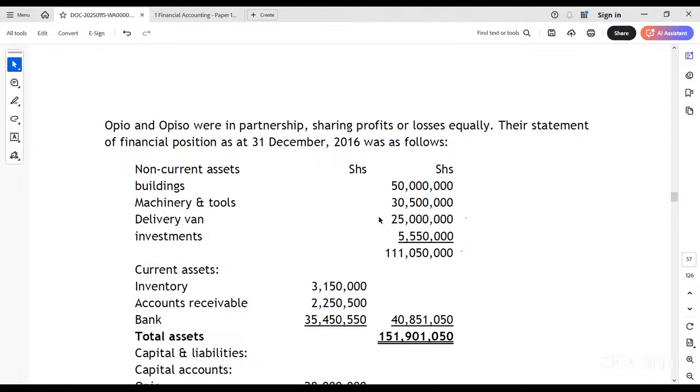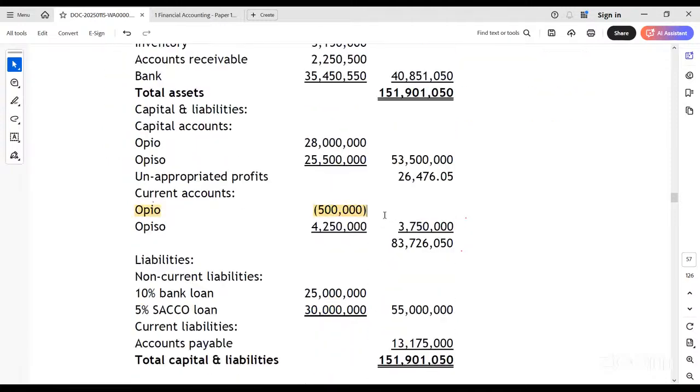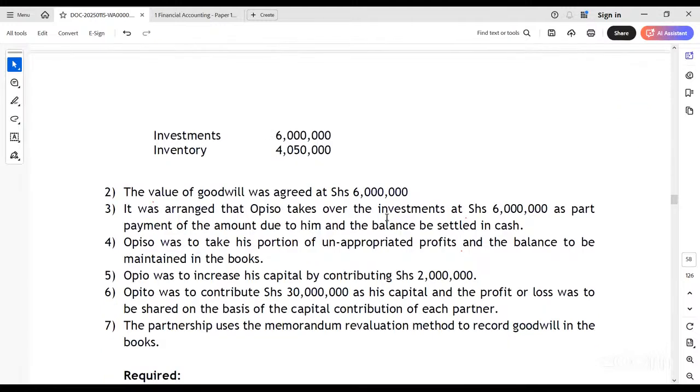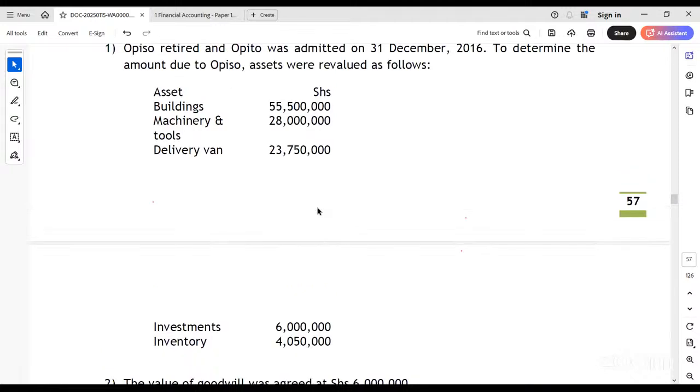We see assets have been revalued. Whenever you see assets being revalued, what you have to do is open up a revaluation account first.